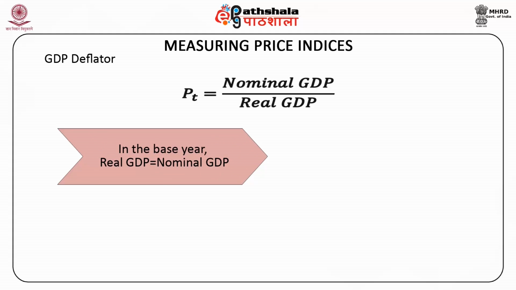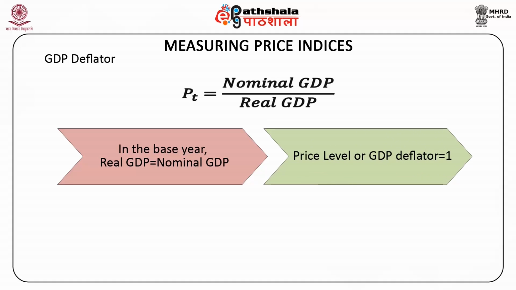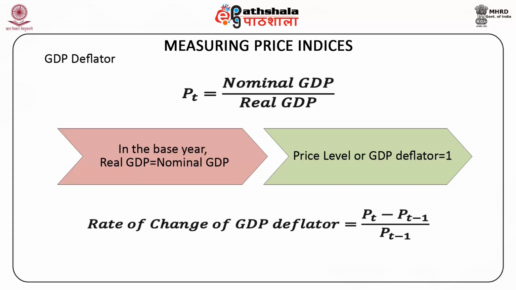In the base year, real GDP equals nominal GDP, and hence the price level or GDP deflator is equal to 1. The rate of change in GDP deflator is calculated as P_t minus P_t-1 divided by P_t-1. This is used to measure the general level of price rise over time, that is, the rate of inflation.